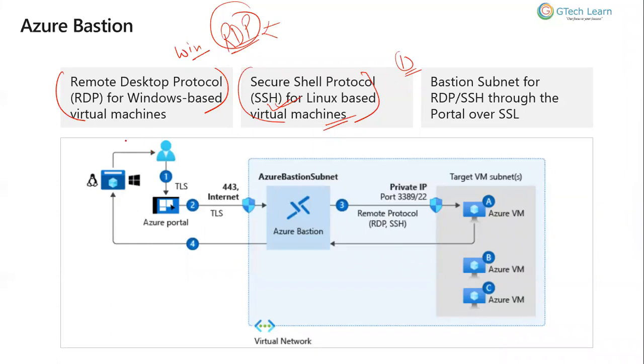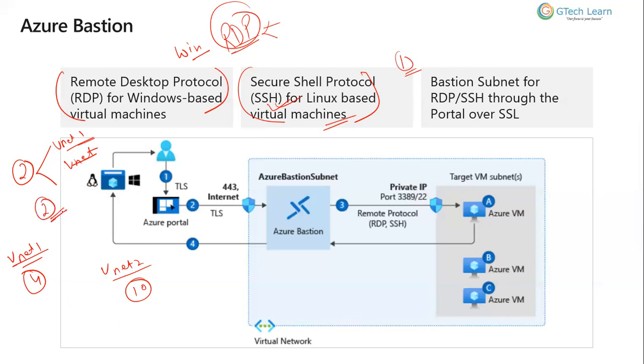It means that if I have two virtual networks, like VNet 1 and VNet 2, and inside VNet 1 I have four different virtual machines, and inside VNet 2 I have 10 different virtual machines, and we want to connect all of these virtual machines by utilizing the Azure Bastion service, we only need to deploy two Azure Bastion hosts, because it is deployed per virtual network.